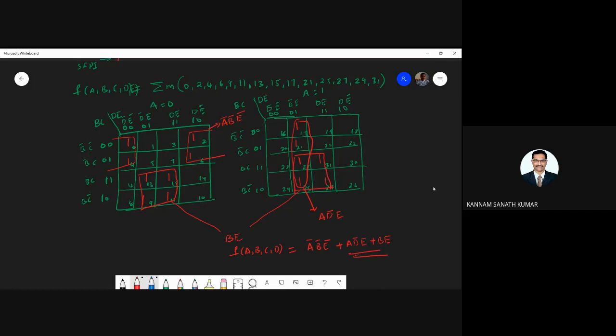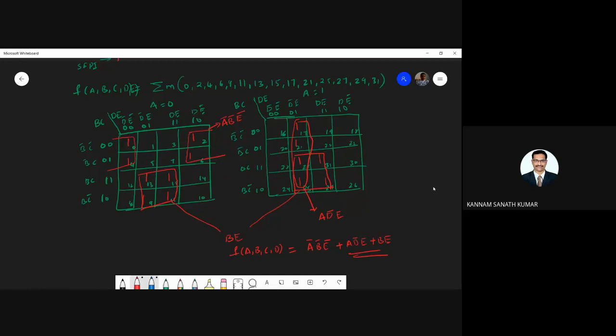So like this, by using this 5-variable K map, I have to divide it into two 4-variable K maps. One is the complemented form, another is the true form. Wherever two ones are combined, that makes one pair adjacent to this one. Wherever two pairs are in the same position, that makes a quad. Wherever two adjacent quads occur, that makes an octet.